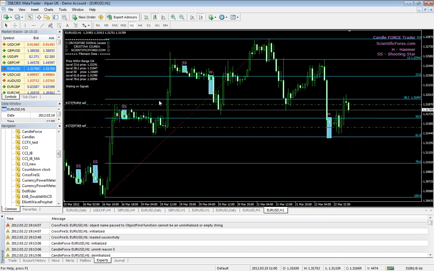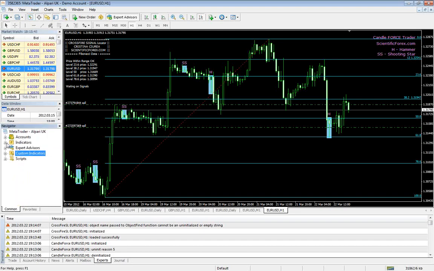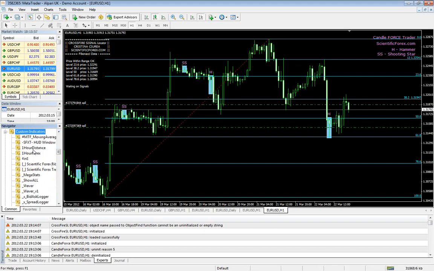For experiment purposes, what we can do is put here two RSI. So I'll show you also how to put two RSIs together. Okay, here under the indicators, remember the indicators are the built-in ones in MT4, and the custom indicators are the ones which we installed.